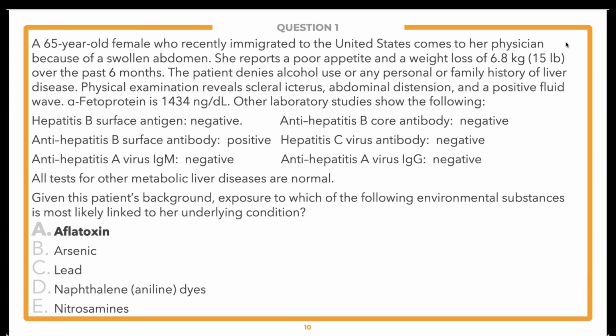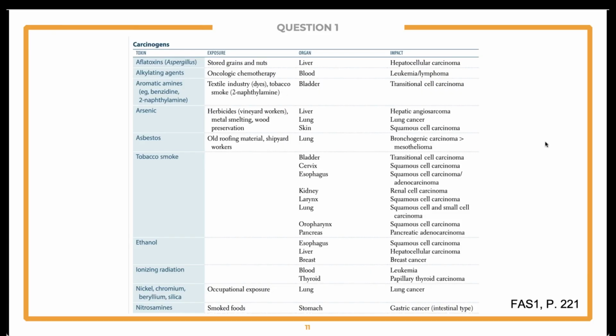really suggests hepatocellular carcinoma, or HCC. So I'm going to pull up the little table here from First Aid. So the patient doesn't have a history of chronic liver disease to suggest cirrhosis as the cause for HCC.